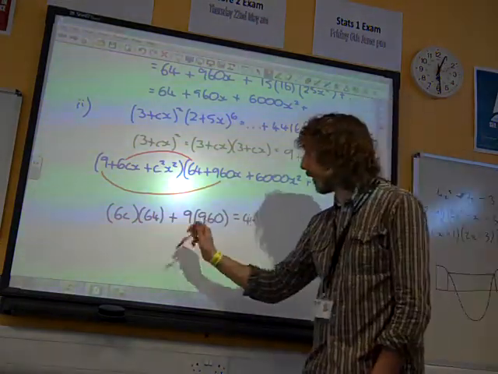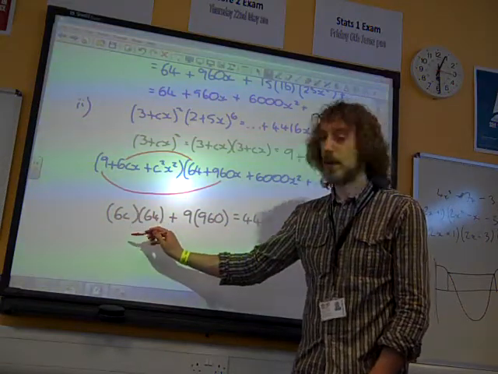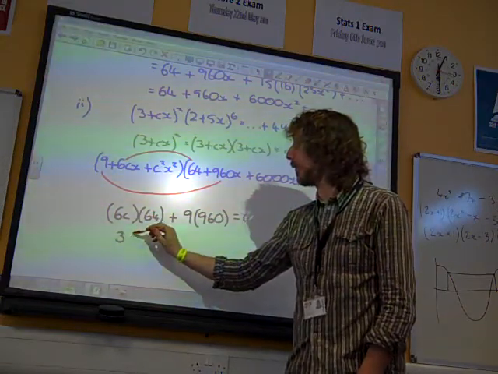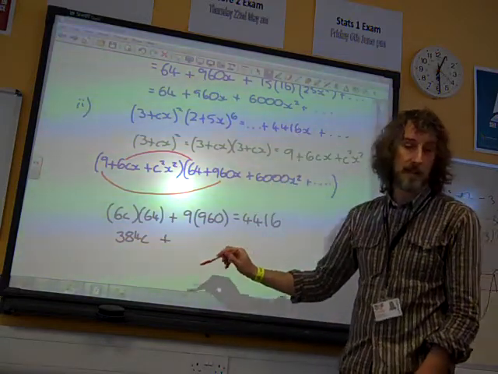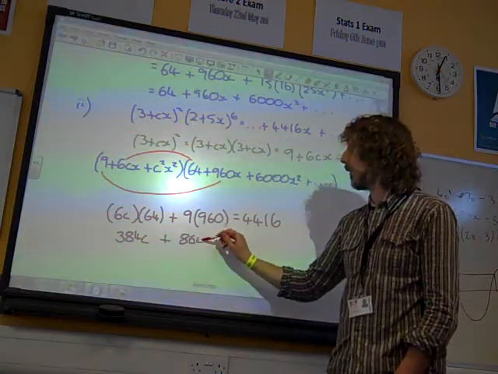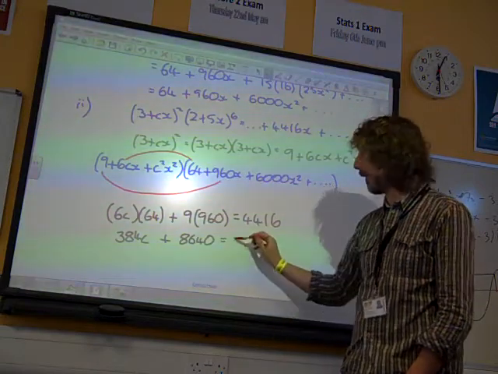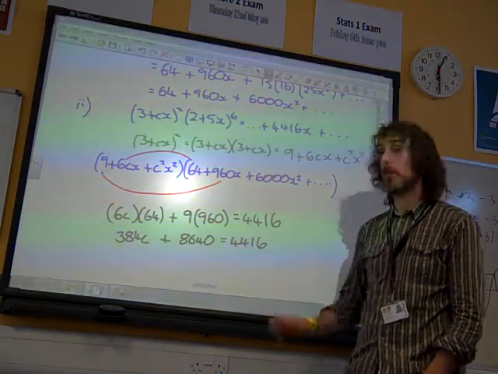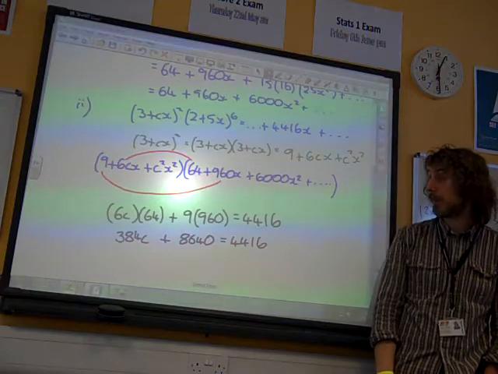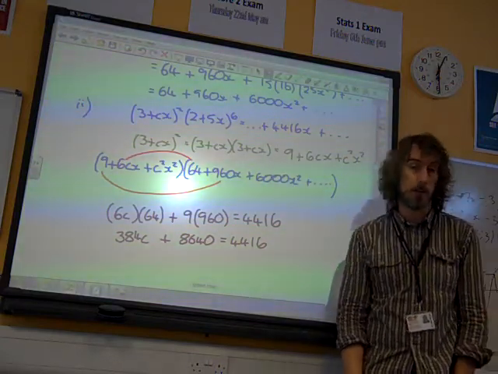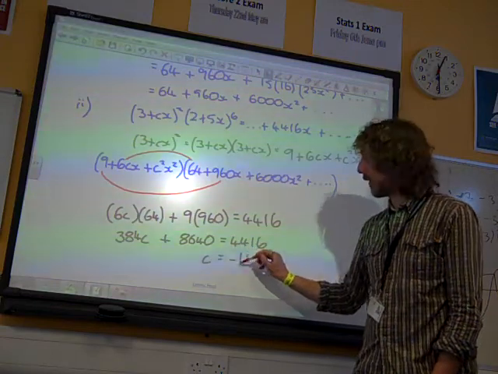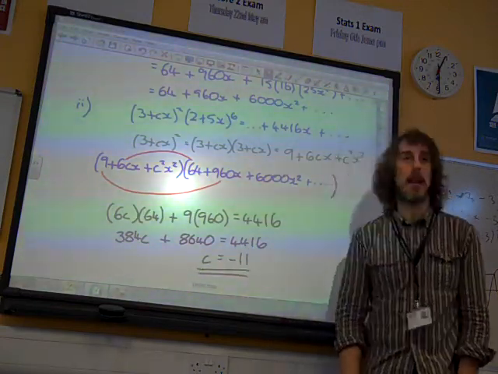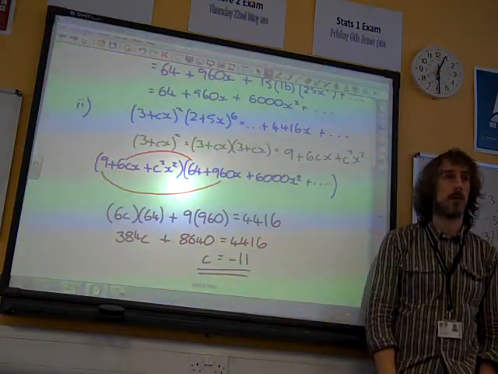And if I work out what I've got there, I've got 384, that's 6 times 64, times c, plus 8640, that's 9 times 960, is 4416, at which point I spot that c is going to be negative. If I rearrange that, divide by 384, I get c as being negative 11 at the end of all of this.